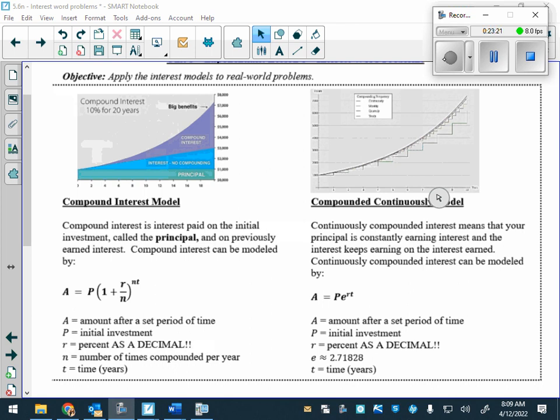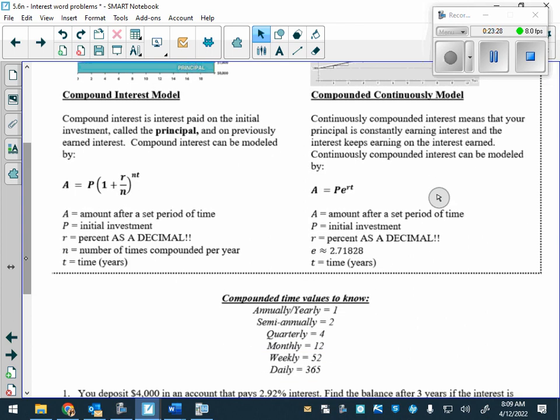All right. So you have your compound interest and compound continuously. Compound interest is over a specific period of time. That could change. Compound continuously, it's continuously increasing, so you're going to use a different formula for that.